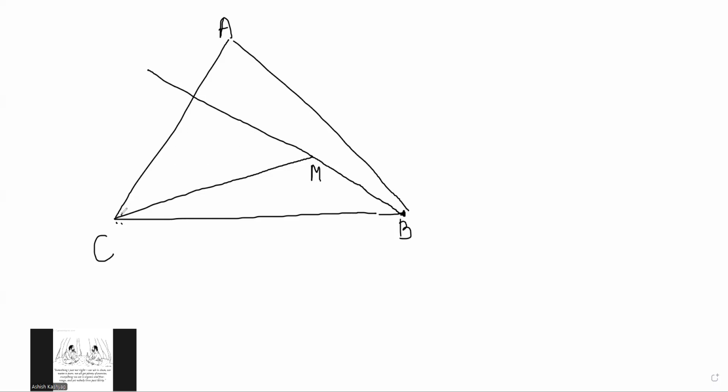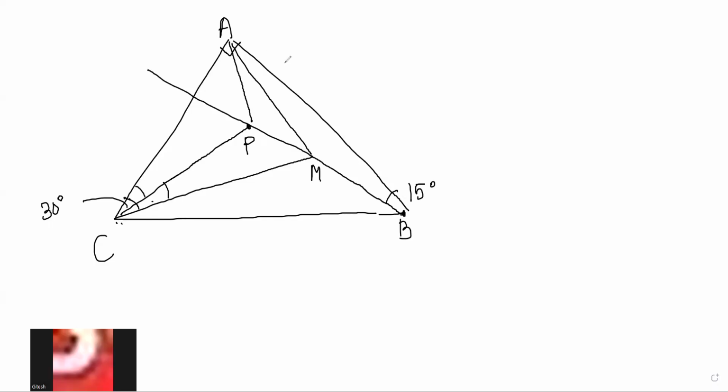So I'll just draw it nicely. This was our P. This was the angle bisector, right? And I can join these two, and I can join AM. And I know that this angle was 15, and this overall angle was 30, right?